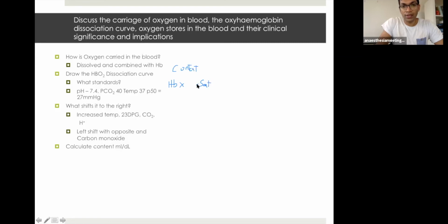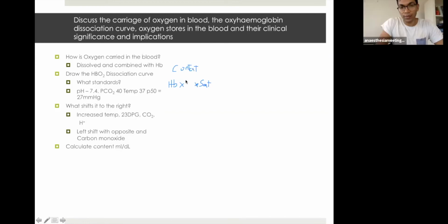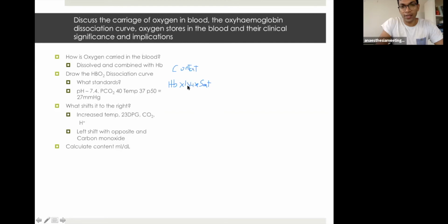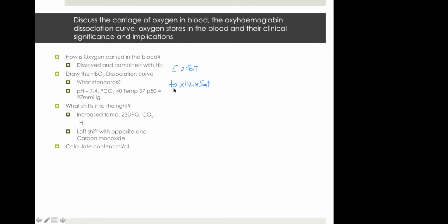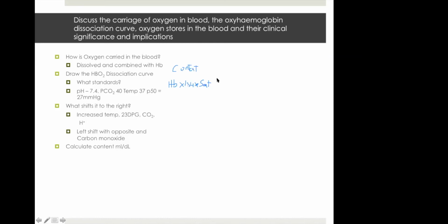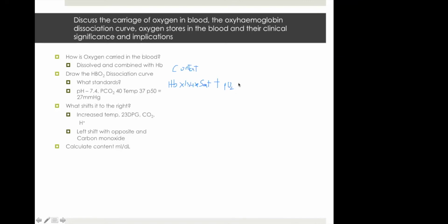And something else you've got to times it by. Huffner's number. Yep, which is about 1.34. Oh, this is terrible writing, sorry. You've got hemoglobin, times constant, times saturation. That's your bound content. And then you've got a dissolved one, which is the PaO2 of the arterial blood times 0.003, depending on the units that we are talking about.